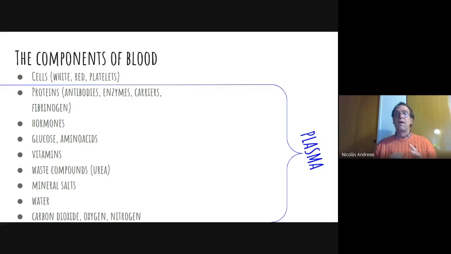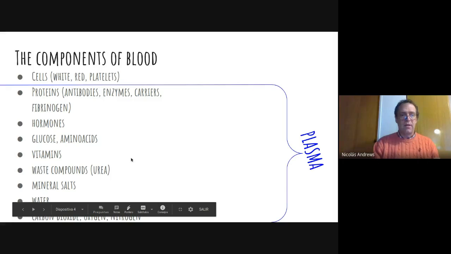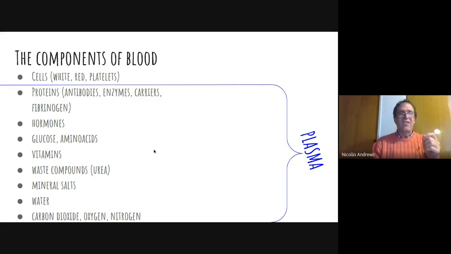These are what we call blood plasma, okay? So the main two categories in blood are plasma and the cells. But among these, there is a huge difference.